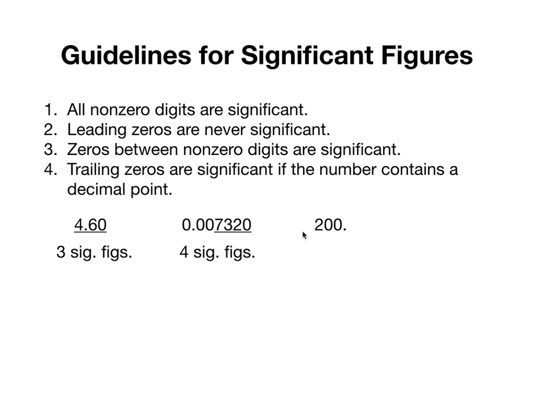There is a decimal in that number, so all 3 of those are significant. Okay. What about this number, 200, written like this? Okay, the 2 is significant. These 3 zeros are trailing zeros. Since there is a decimal, those are going to be significant also. So 4 significant figures. Okay.